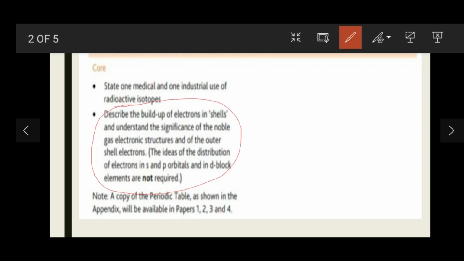We will describe the buildup of electrons in shells. The second part, the significance of noble gas, we'll be discussing in the upcoming video. But for now, we'll be discussing only the buildup of electrons in shells. So let's get started.